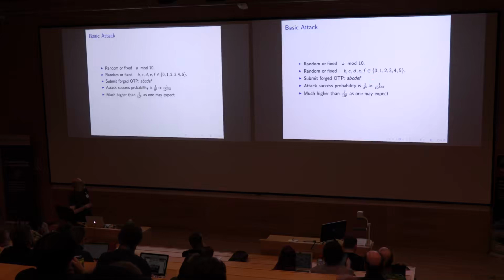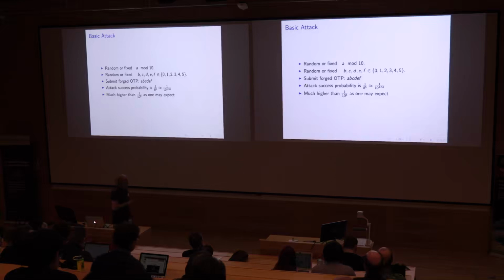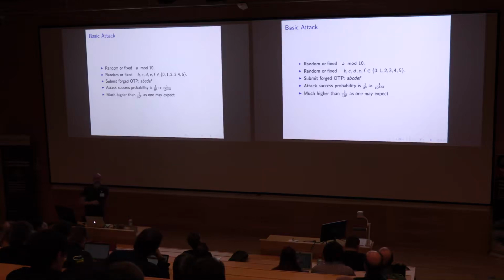And we submit this OTP for verification. The success probability based on the verification protocol is 1 over 8 to the power 5. And that is much higher than the 1 over 10 to the power 6 that one may expect if considering all digits of the OTP independently and uniformly distributed.